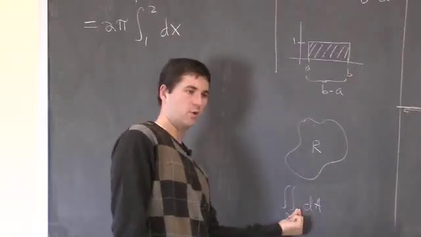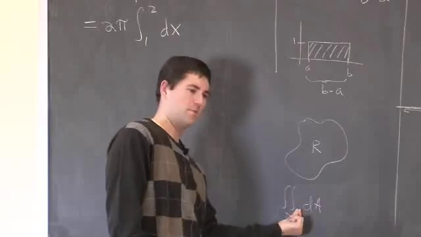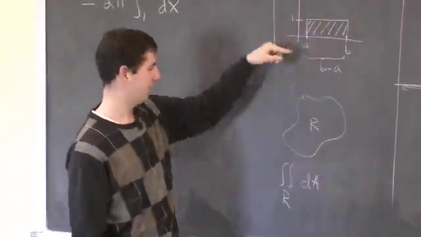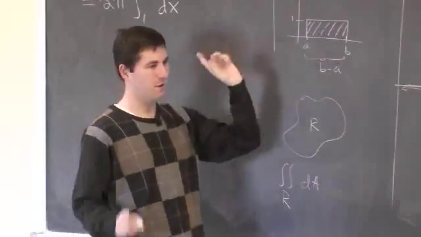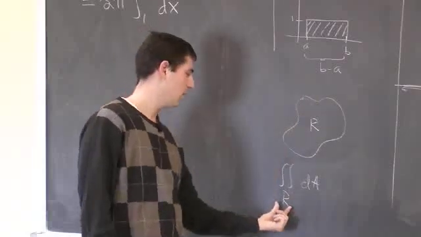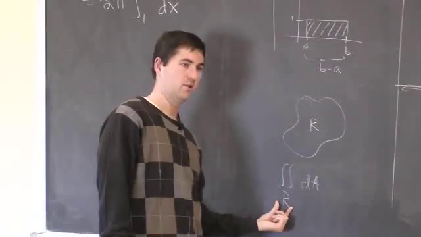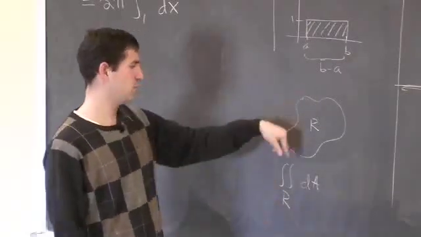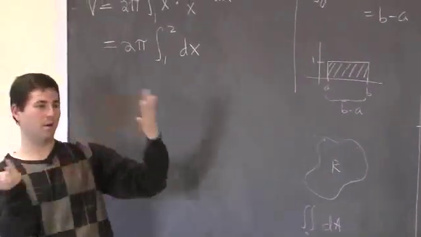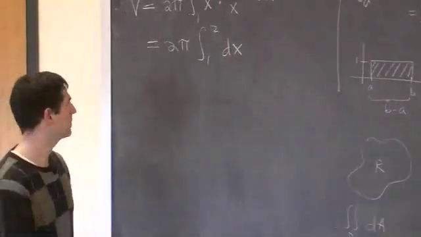And we'll just integrate the function 1, which basically is going to be this exact same situation. In this case, the area of a line segment is just its distance, b minus a. Here, you'll get the area of the region. It actually gives you a volume, but that volume is just the area times 1, and so you know what the area is.